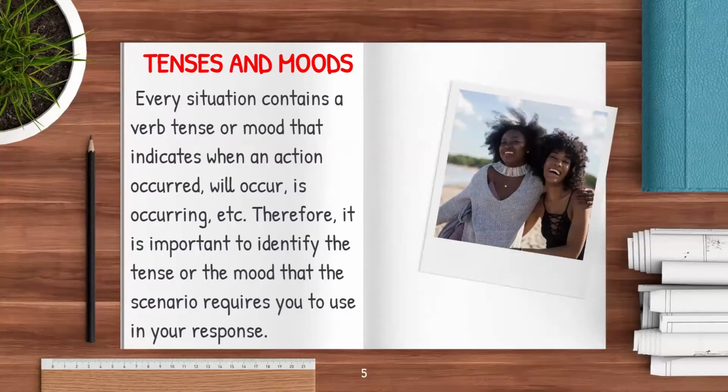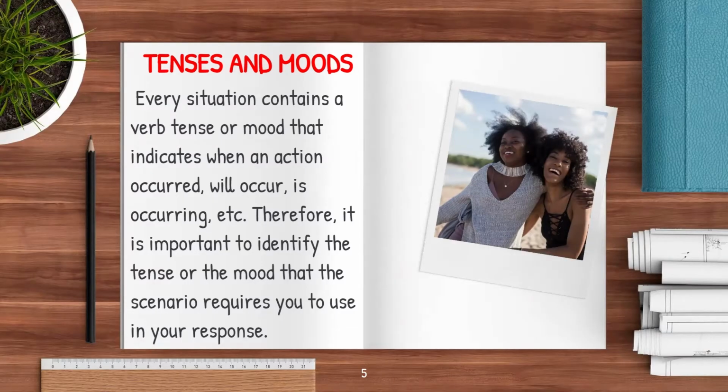Every situation contains a verb tense or mood that indicates when an action occurred, will occur, is occurring, etc. Therefore, it is important to identify the tense or the mood that the scenario or the situation requires you to use in your response. So this is very important.